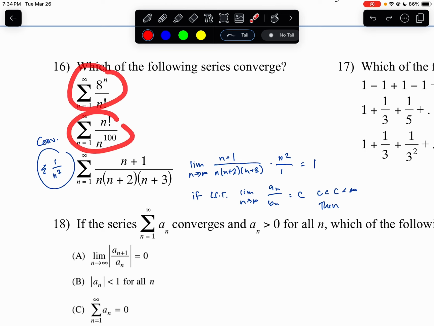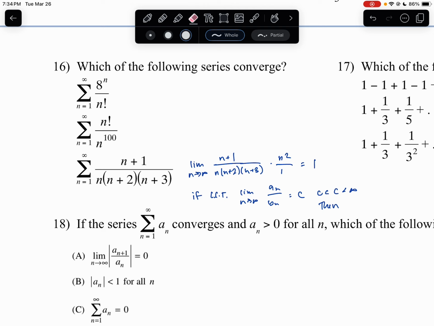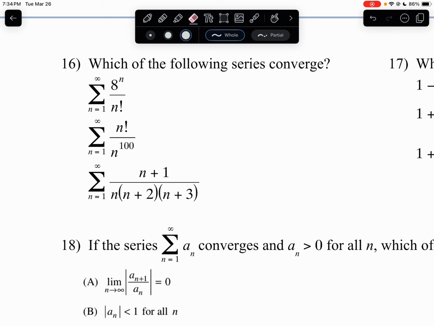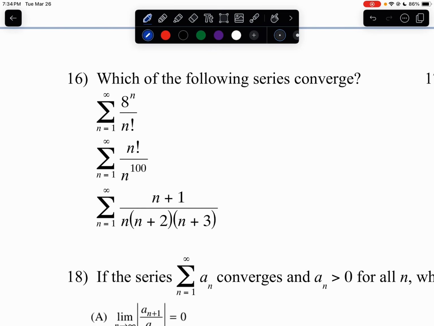Now these two right here, I don't know if you remember the video that I showed you last week, but I want to point out that if you see factorials and powers and stuff like that, a good test to run is the ratio test. So if I run a quick ratio test, the limit as n approaches infinity of n plus 1 factorial over n plus 1 to the 100, times n to the 100 over n factorial.